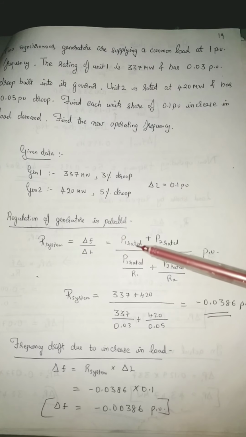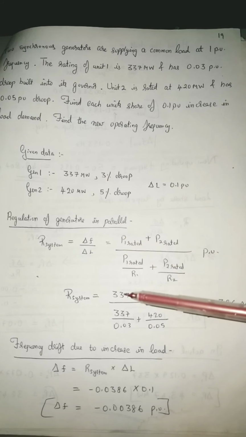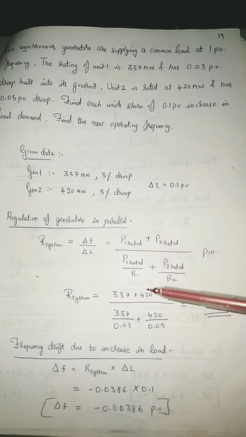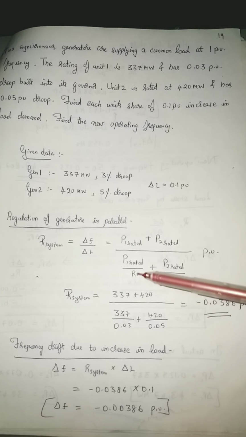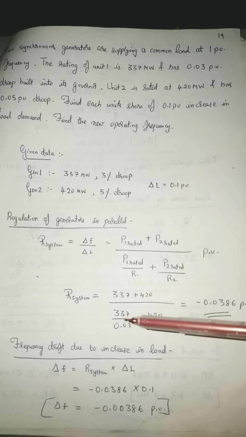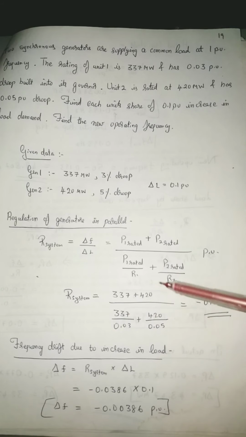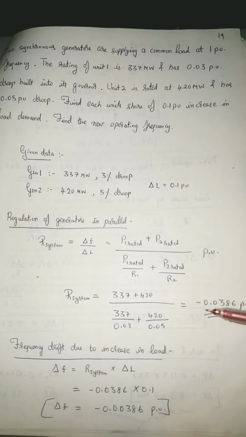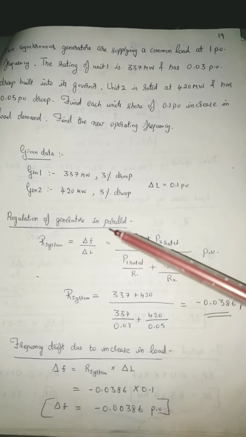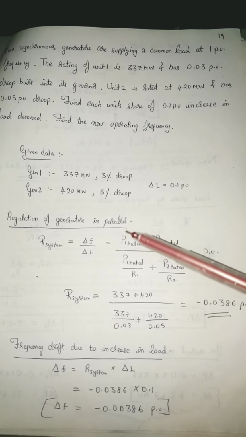So this is the formula. In place of P1 rated, I take 337. In place of P2 rated, I take 420. Regulation of the first machine is 3% droop, which is 0.03, and the second machine is 0.05. If you calculate this, you'll get minus 0.0386 per unit.